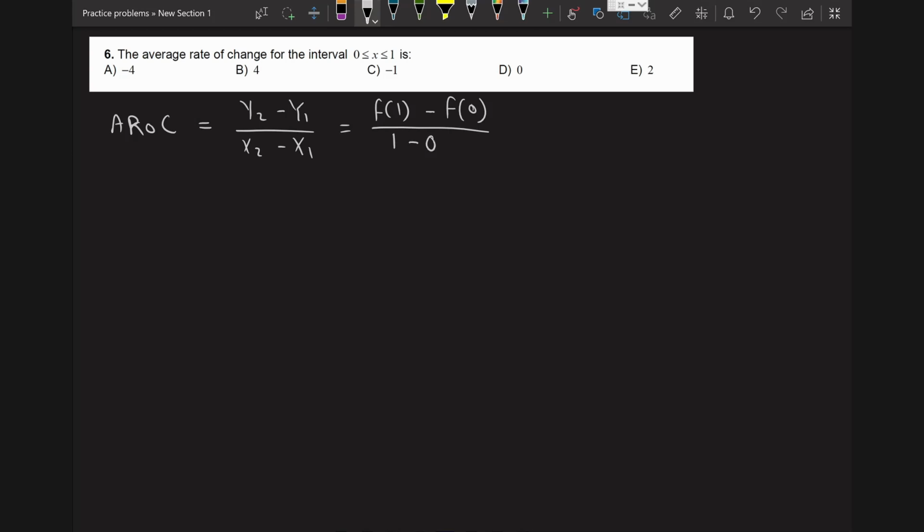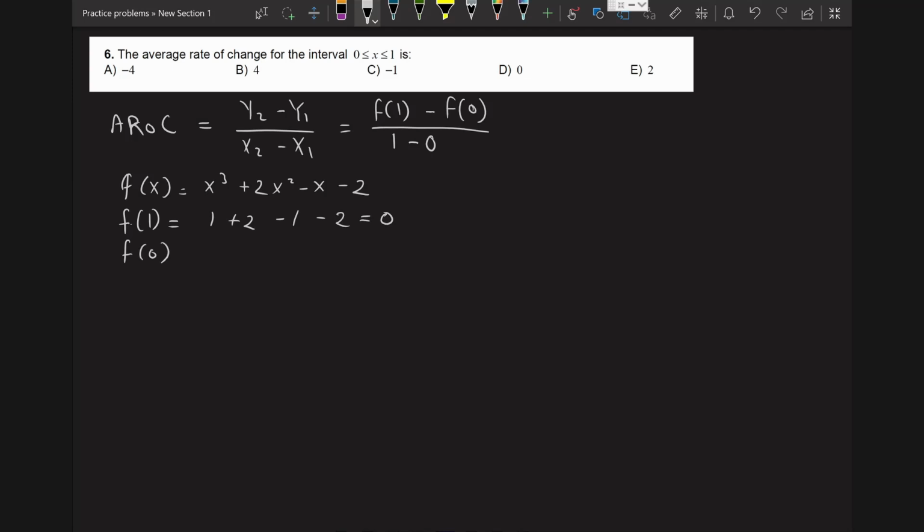Okay, so f of x is equal to x cubed plus 2x squared minus x minus 2. F of 1 is going to be 1 plus 2 minus 1 minus 2, which is equal to 0.